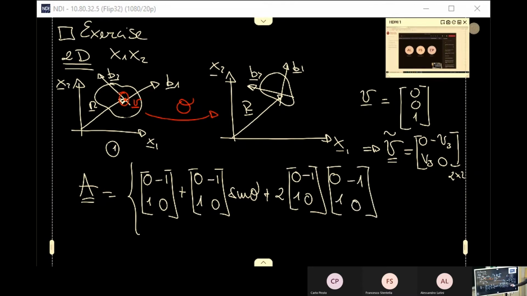Like this. The first one is the identity matrix. You're correct. Thanks a lot. Then sin squared of theta divided by 2. Okay?